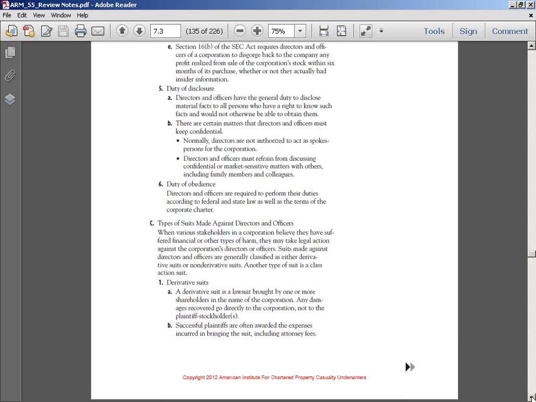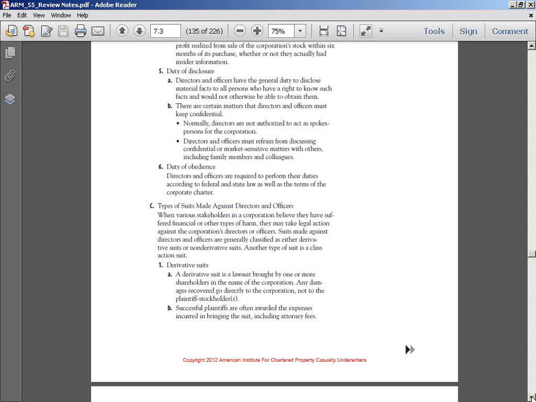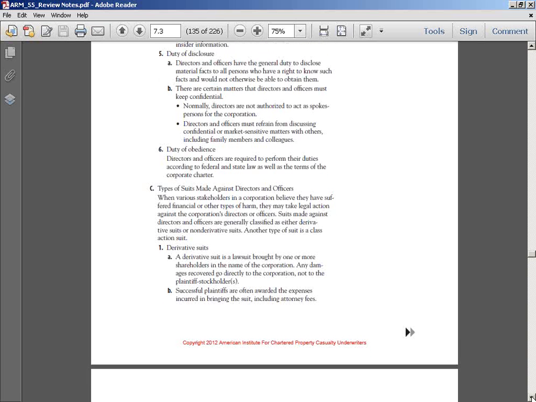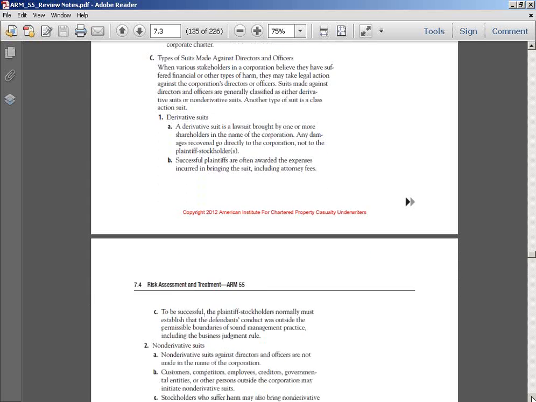It does talk about the different suits that might be filed, derivative suits and non-derivative. The main thing is that a derivative suit is brought by people internal to the corporation, on behalf of the corporation.